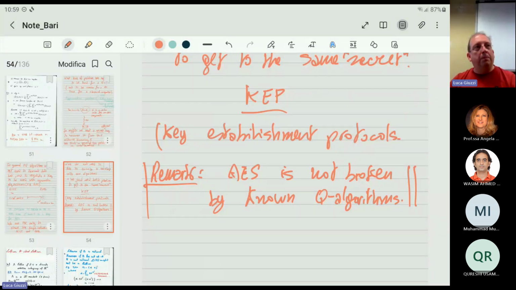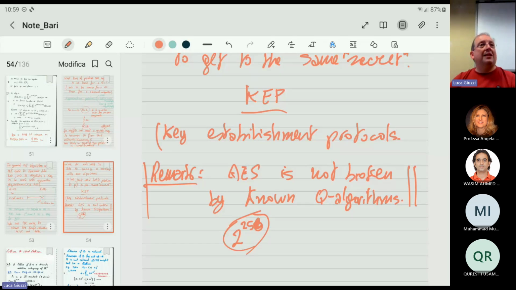I'm not saying that there won't be any efficient algorithm against AES on quantum computers in the forthcoming years. At least for what we do know nowadays, a quantum computer is not sensibly faster than an ordinary computer in breaking AES. There is a small advantage in doing exhaustive search over the whole key space, so over the whole of 2 to the 256 possible keys of AES if we use it according to the recommended parameters.